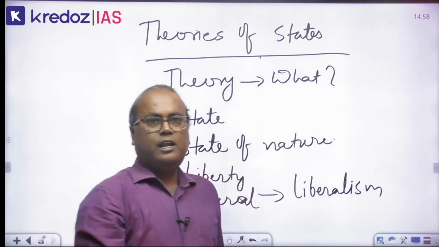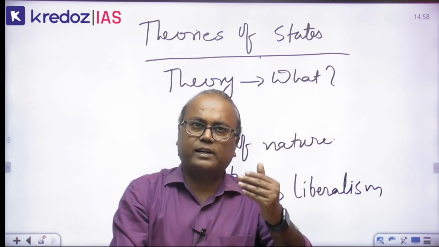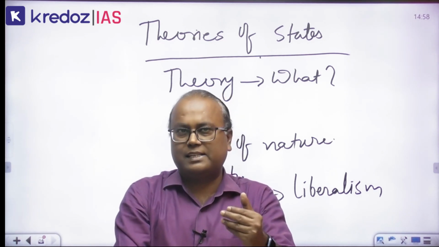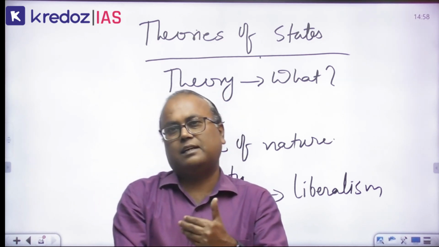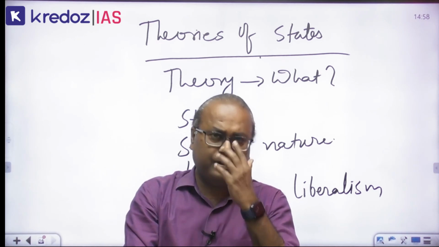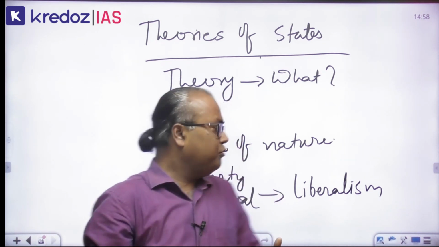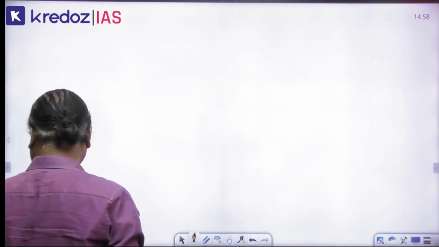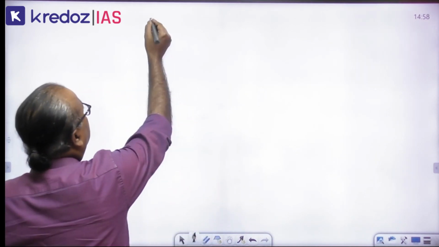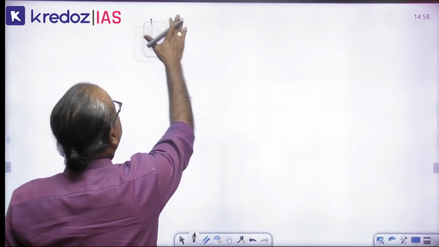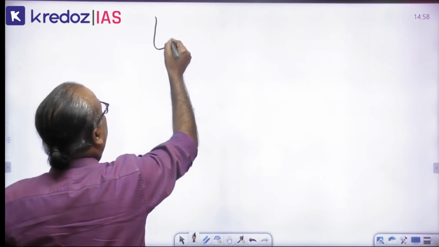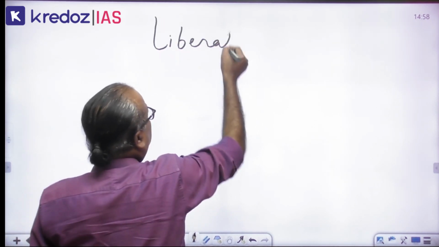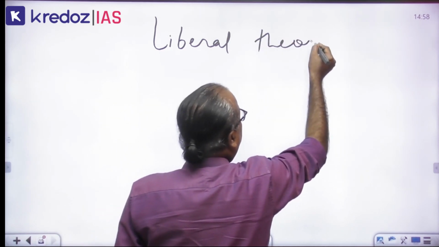Okay. Now, once you understand these basic things like a state, what is the state of nature, what is the liberty, what is the liberal, and what is liberalism, then you will be able to understand what is the liberal theory.